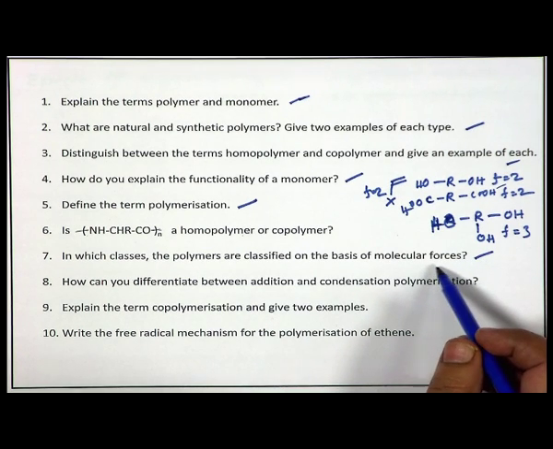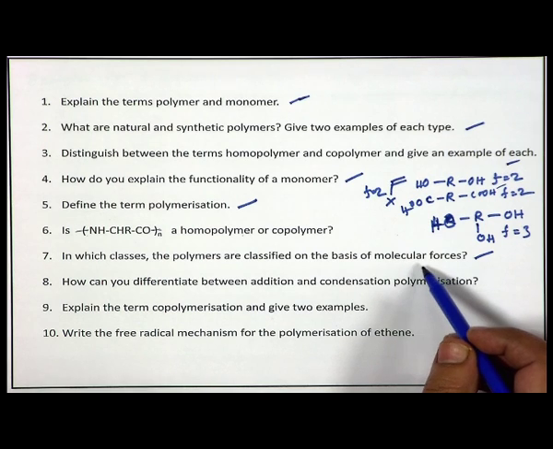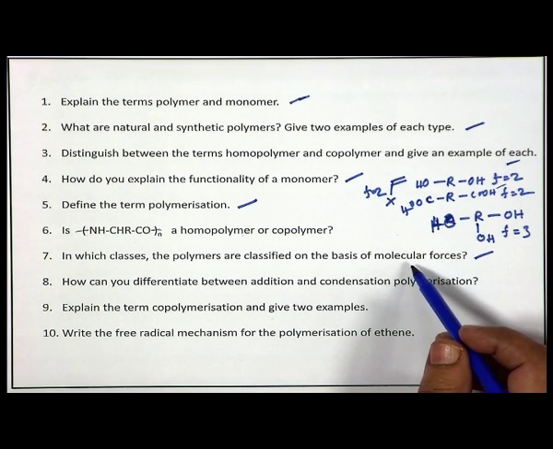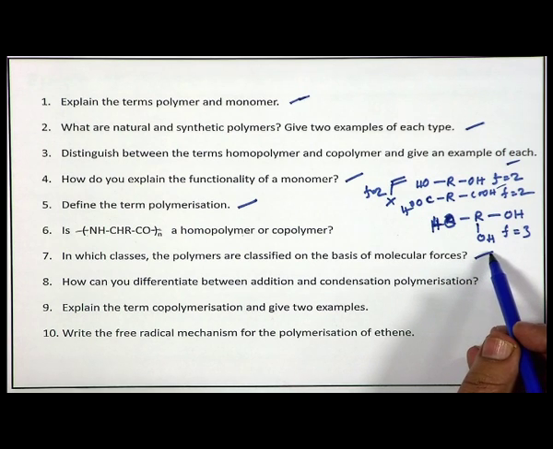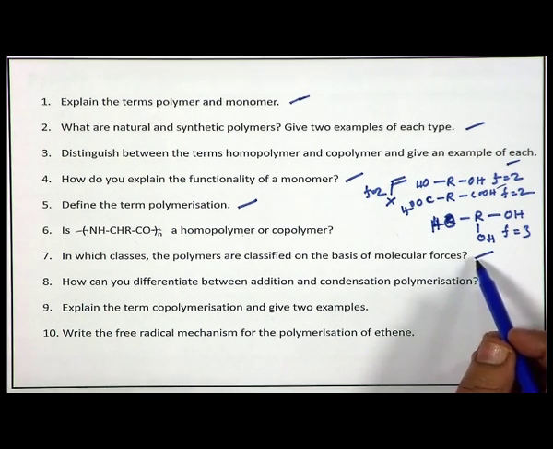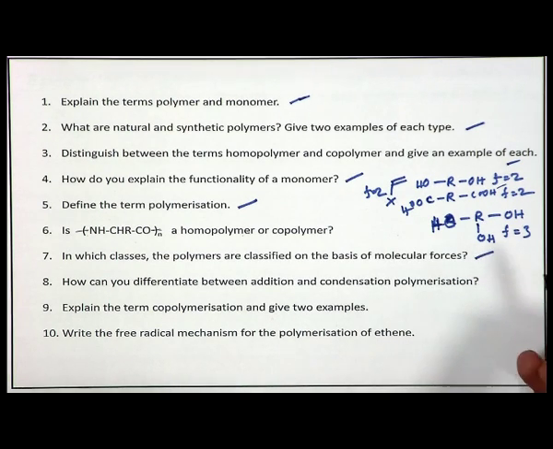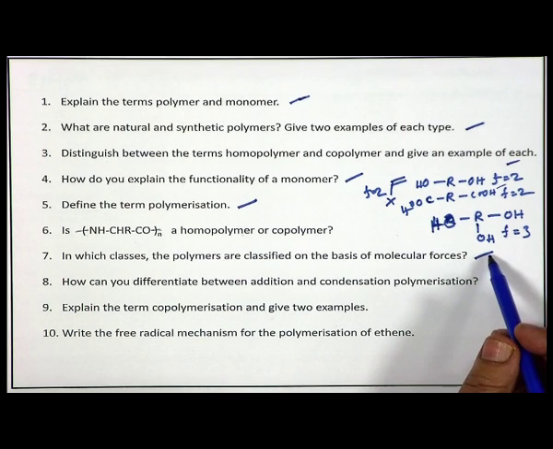We discussed fibers, elastomers and plastics, but in your book it is written elastomers, fibers, thermoplastics and thermosetting polymers. So, you can choose whichever way you want to classify, it does not matter as long as you know what those terms mean.